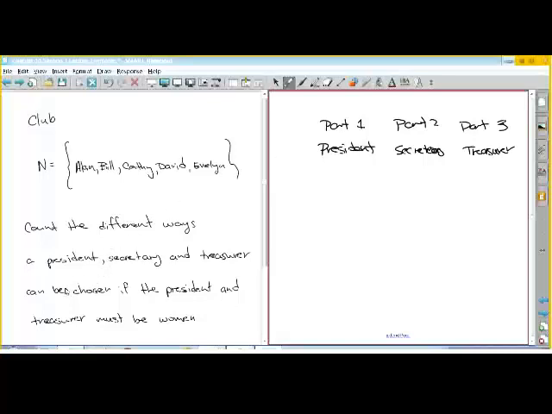So when we choose the president, what does it say here? It says, count the different ways the president, secretary, and treasurer can be chosen if the president and the treasurer are a woman. So we don't have 5 choices here as president. We only have 2 choices. We have Kathy, and we have Evelyn.